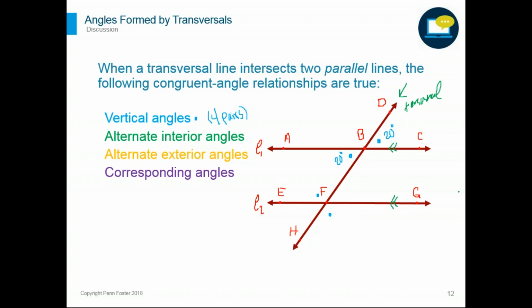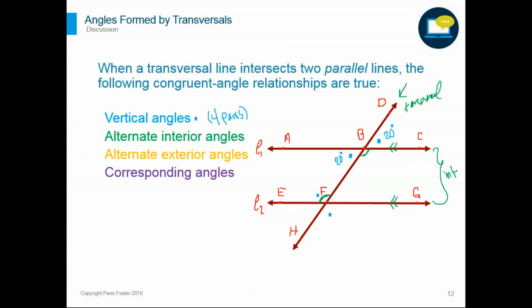Interior means that they are to the interior of the system, so in between the two lines. So that is the interior. Having said that, we are able to say this angle here and this angle both are alternate interior angles.